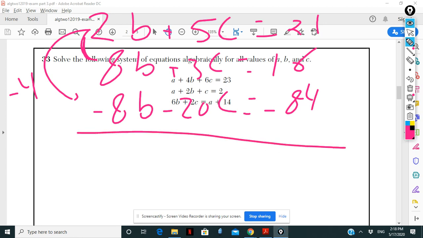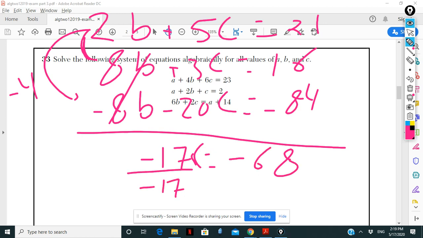Now when I add, I cancel out the 8B. So I have negative 17C equal to negative 68. When I divide by negative 17, C comes out to be 4.